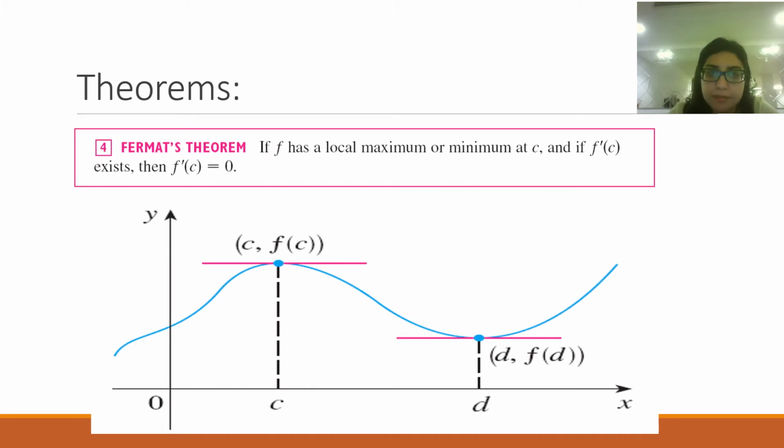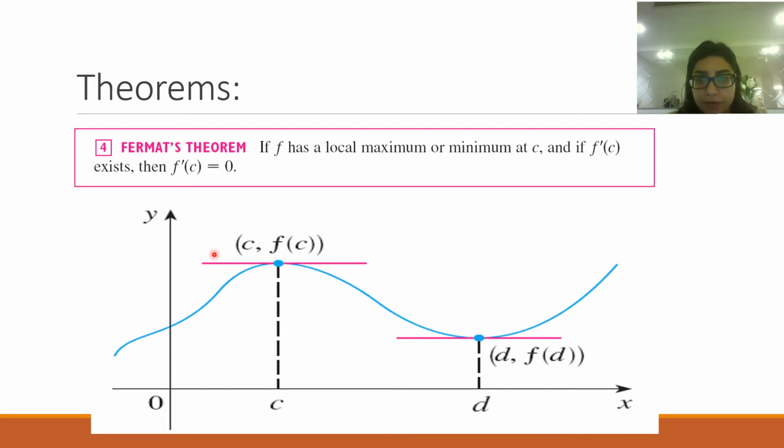Here comes our first theorem that is related to local maximum, local minimum, and global maximum, global minimum. This theorem is called Fermat's theorem. Fermat's theorem tells you that if the function has a local maximum or minimum at c, for example this point, this is a local max. As you see, if you take this interval, this point has the highest y, so it's a local max.